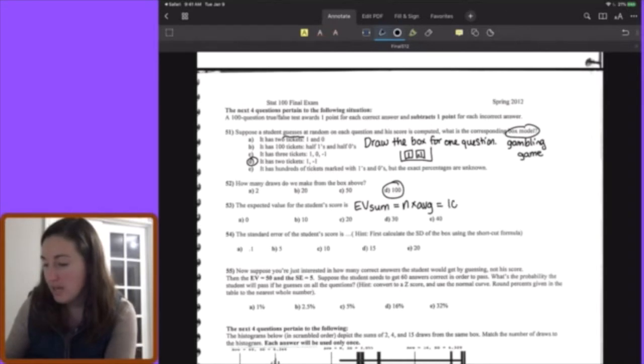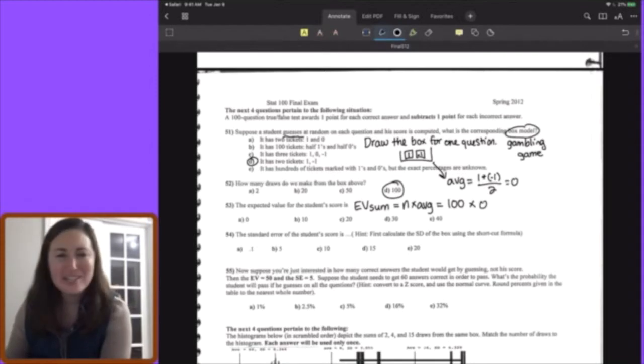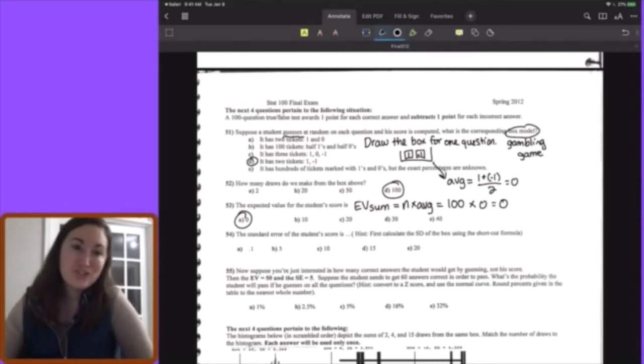So n is 100, and then the average of this box, let's see, average is 0, right? 1 plus -1 divided by 2. I guess I didn't really need to do this formula, but I get 0. You're expected to get half correct, half incorrect.